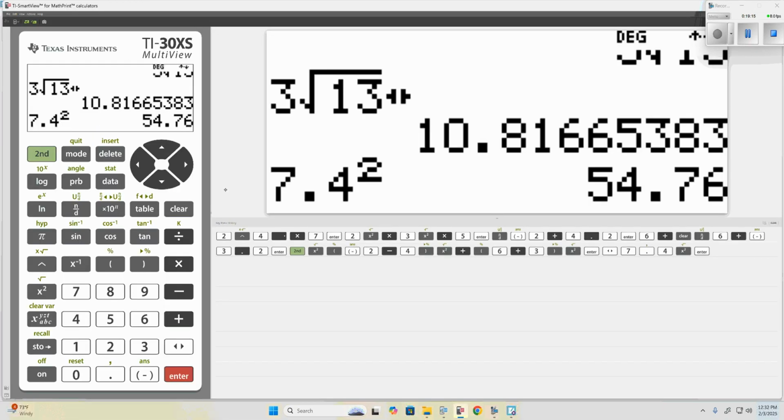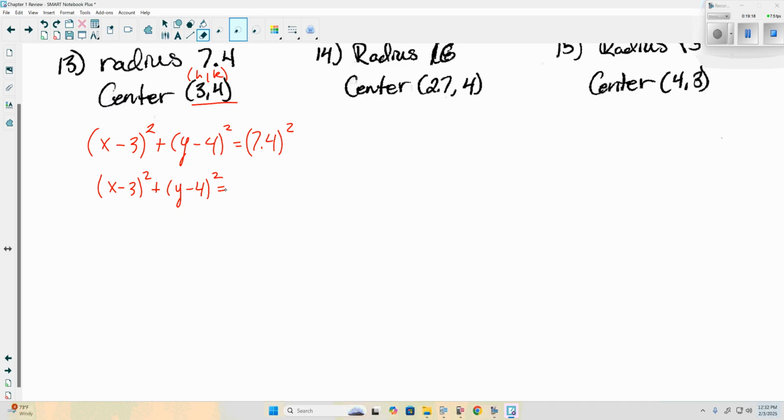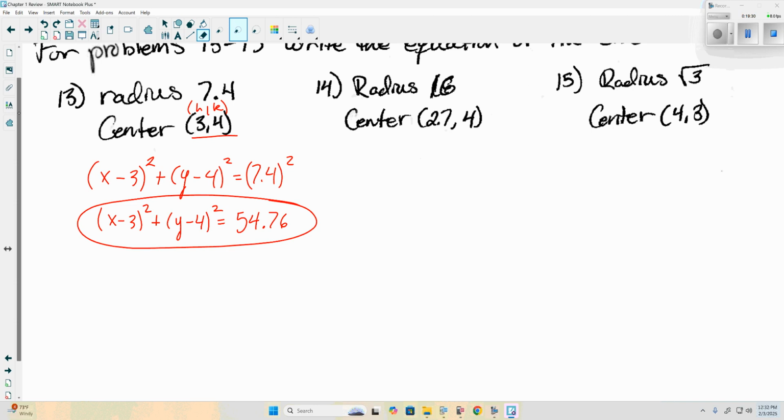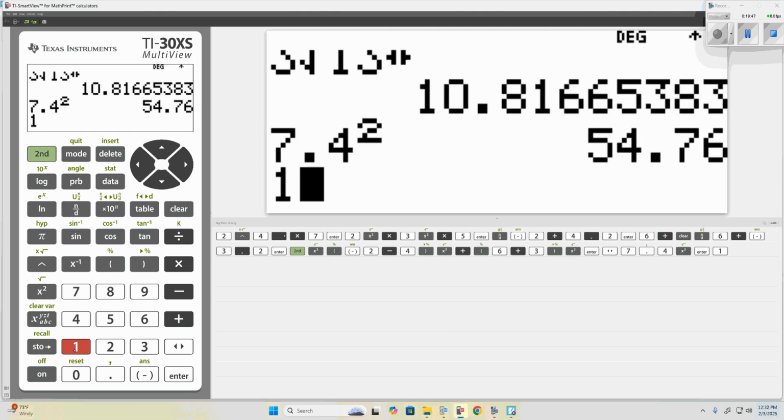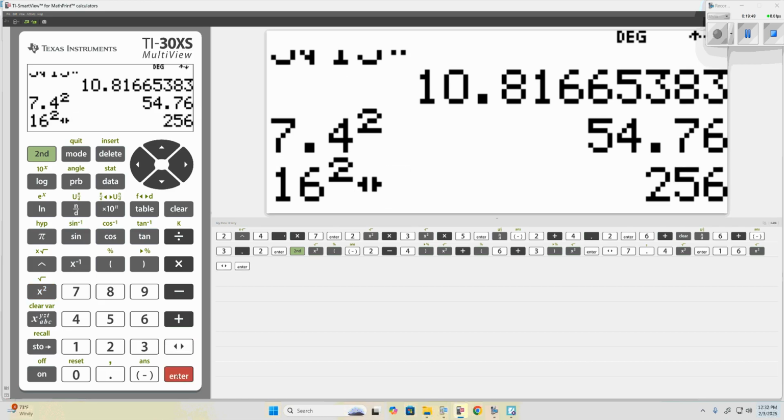And that's it. For this next one, we'd have x minus 2.7 squared plus y minus 4 squared is equal to 16 squared, 256.